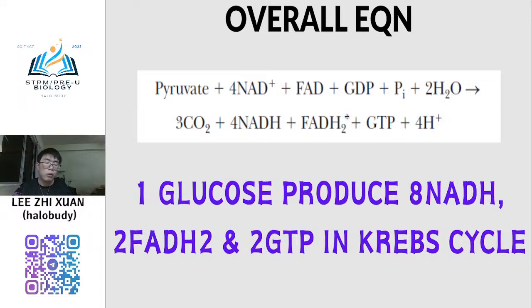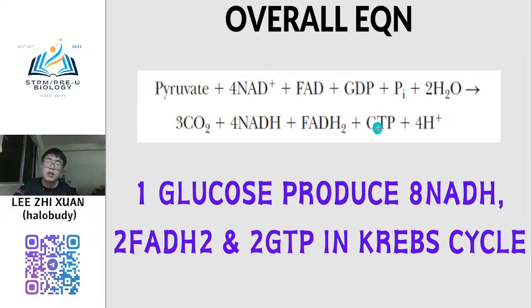So the overall equation for the Krebs cycle: one pyruvate molecule will be oxidized to release 3 carbon dioxide, meaning there are 3 oxidative decarboxylations. 4 NADH and 1 FADH2 mean there are 5 oxidation reactions in the Krebs cycle.